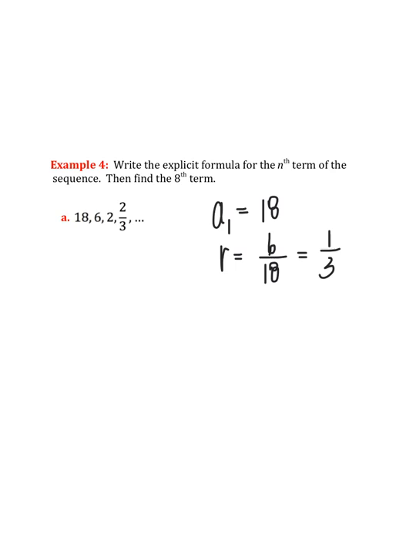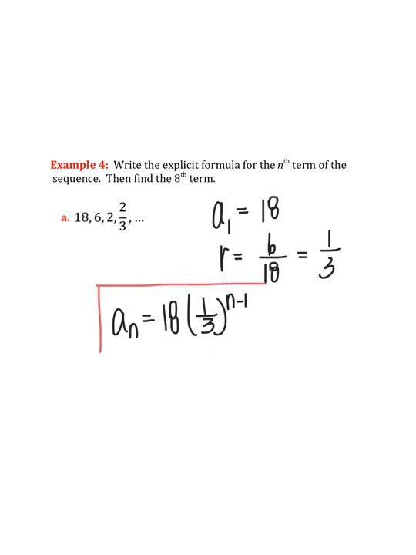So now I'm going to go ahead and write my explicit formula. So a sub n is equal to 18 times 1/3 raised to the n minus 1 power. So that's my explicit formula. And then it's asking me for my 8th term.